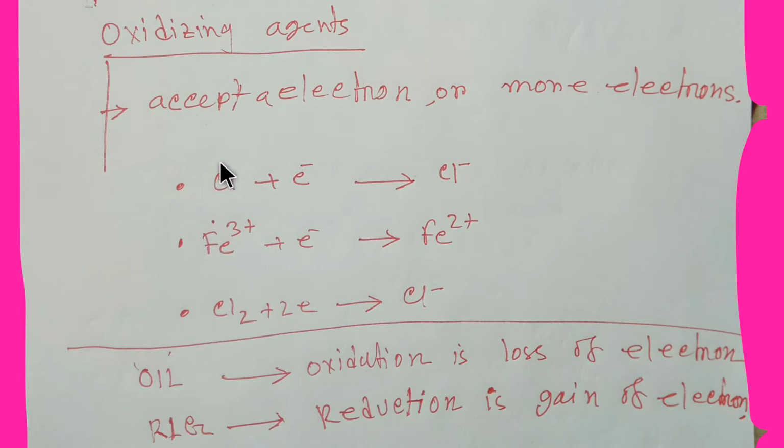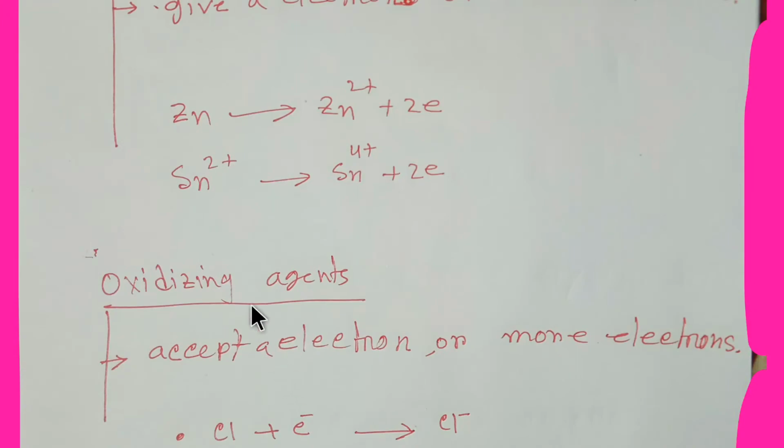So here this atom is accepting electron, so this is an oxidizing agent, right? After receiving electron, it is reduced. Well, after giving electron, it is oxidized.